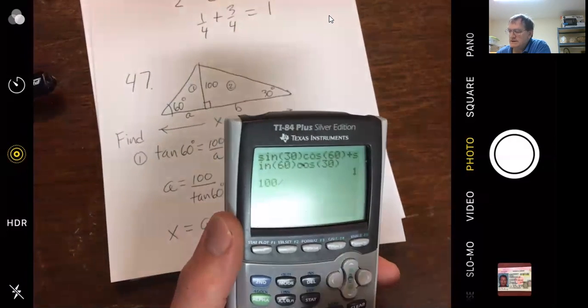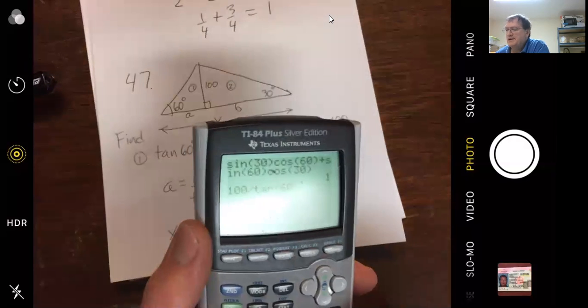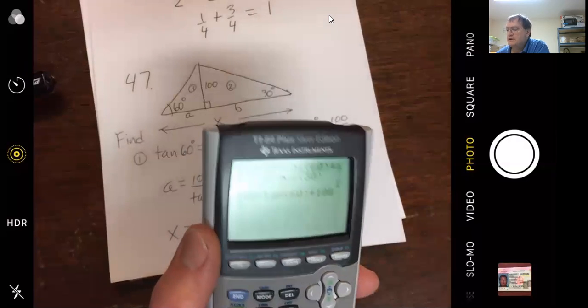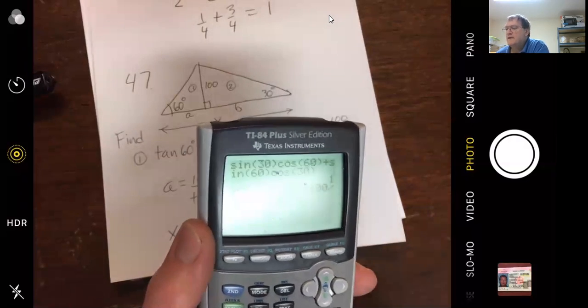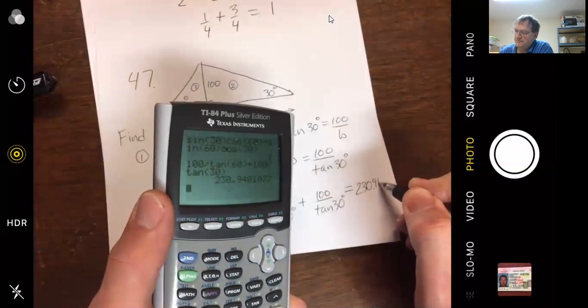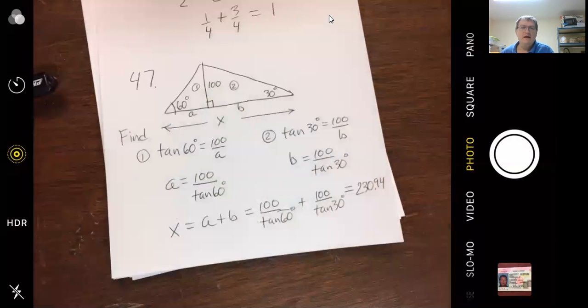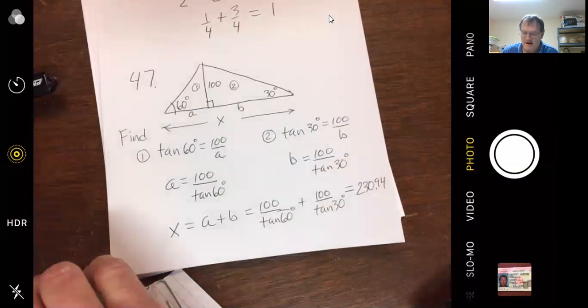I didn't check the mode, but I haven't changed it. 100 divided by tangent 60, and add 100 divided by tangent 30. 230.94. I haven't checked any answers today, so I'll see if I'm an idiot today.